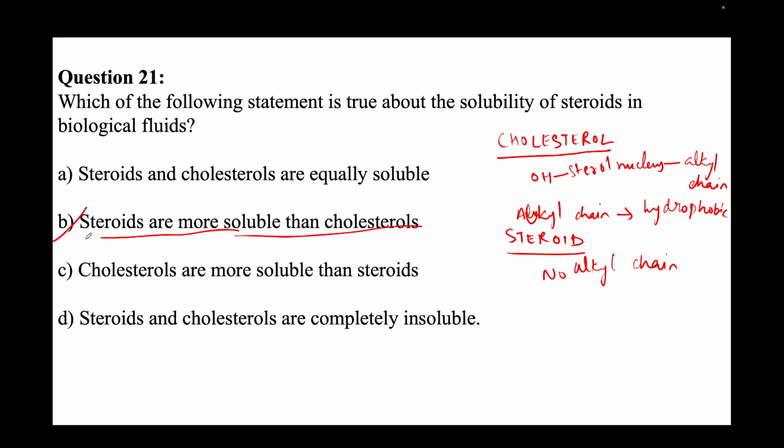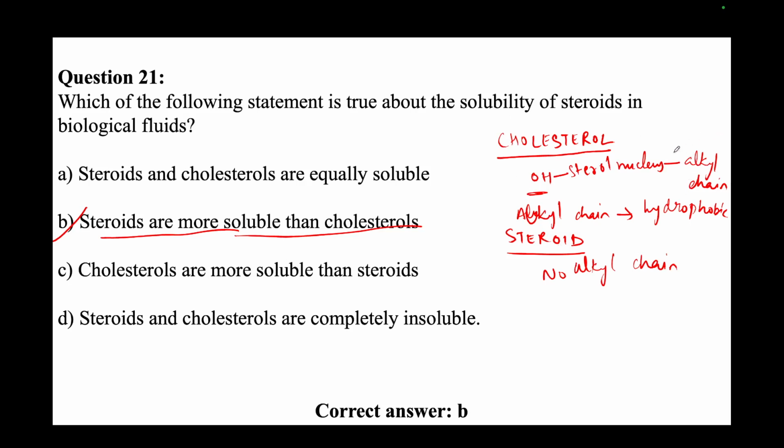Okay, do you understand why? Because steroids have a lesser hydrophobic part than the cholesterol. The sterol nucleus is also hydrophobic, but it has this polar head group which is hydrophilic. And if I add a more hydrophobic part, I am making the molecule bulkier. So cholesterol will have an alkyl chain attached, that will make the whole molecule more hydrophobic.